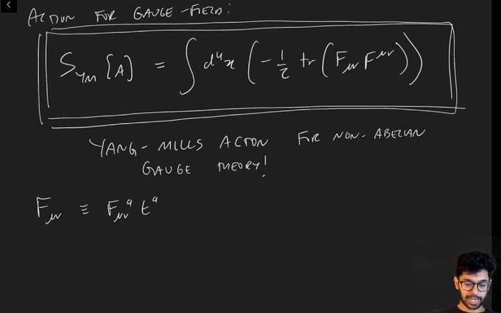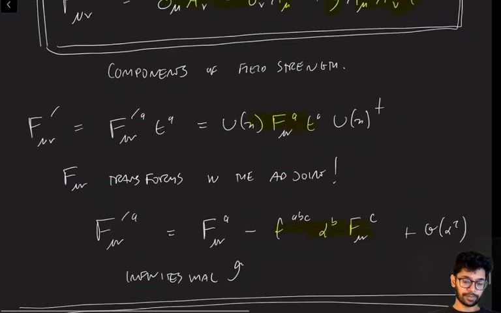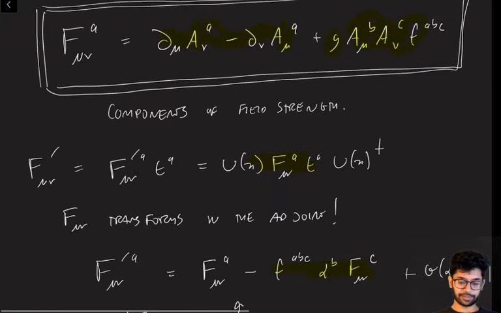Under a gauge transformation, what happens? Well, we have the trace of F'_μν F'^μν. From this transformation law above, we see that the way that F transforms is by conjugation with U and U dagger.